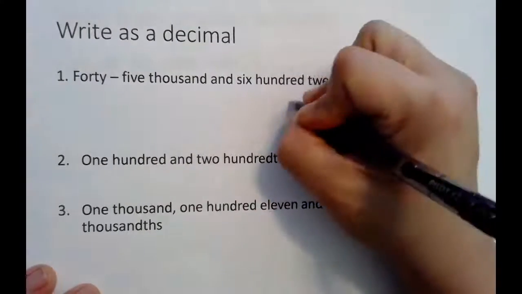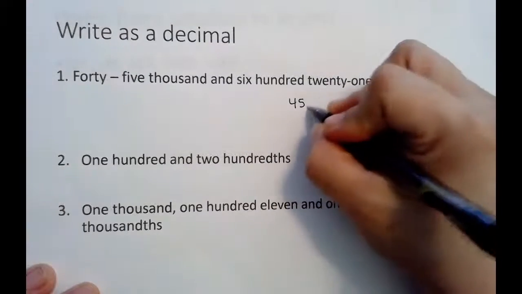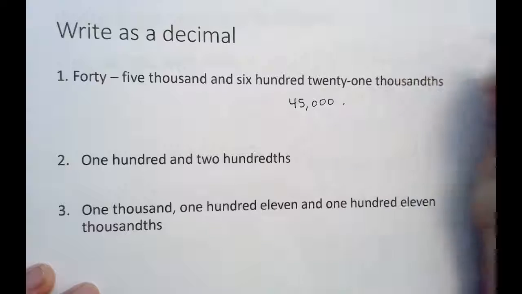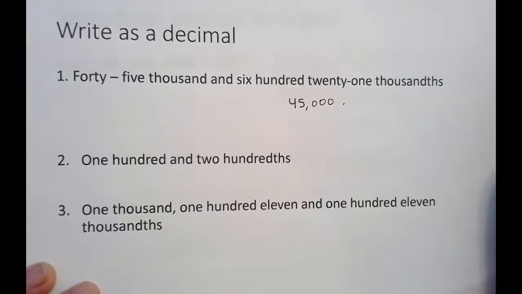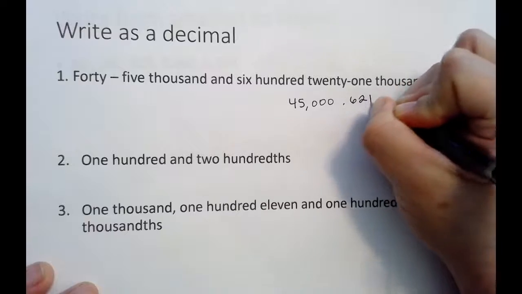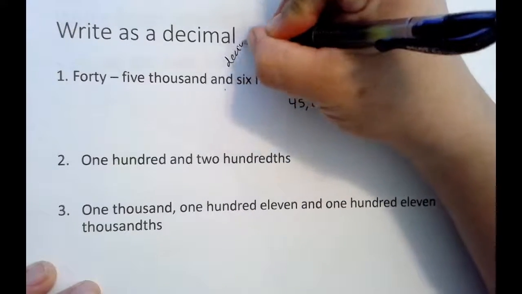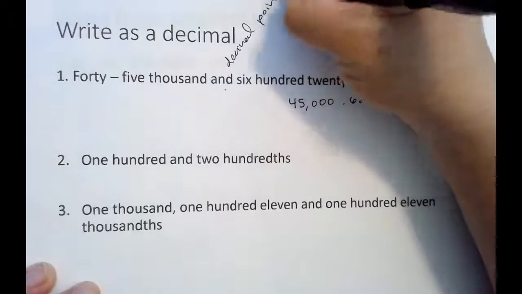So this is 45,000 and 621 thousandths. Usually the and is where the decimal point is.